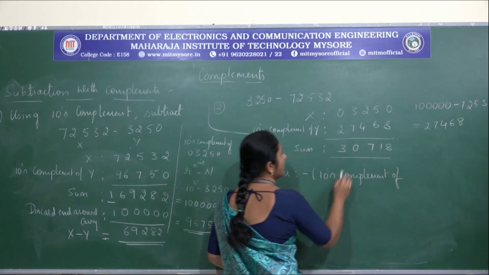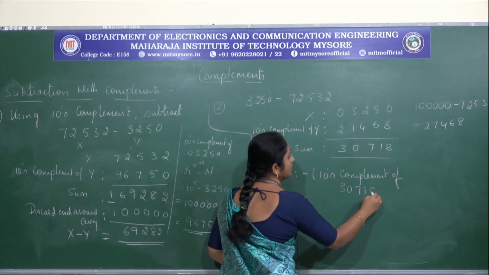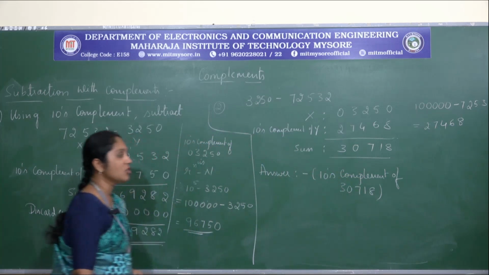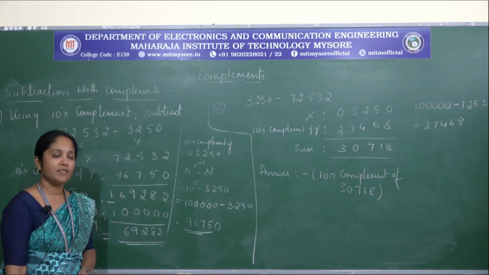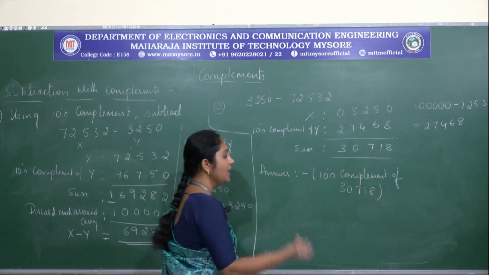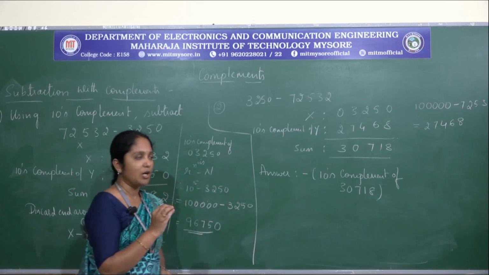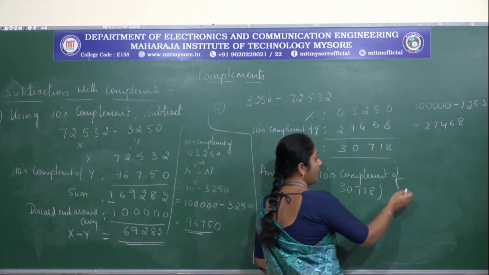minus tens complement of 30,780. Let us find out what is the tens complement, then we will put a negative sign in front of it. What is the procedure?